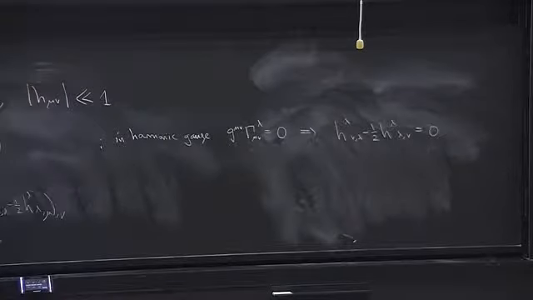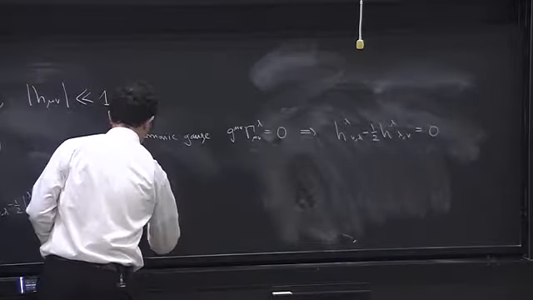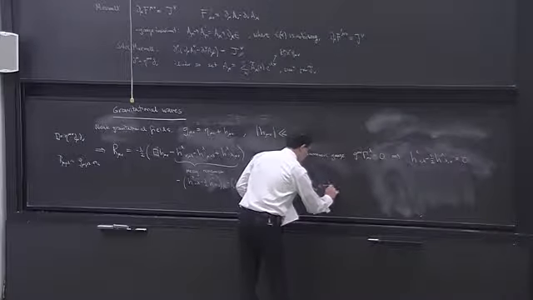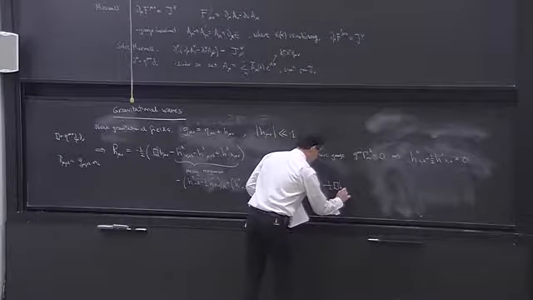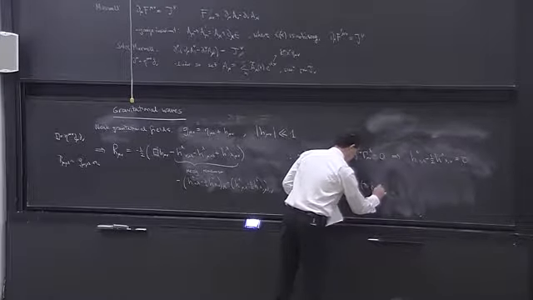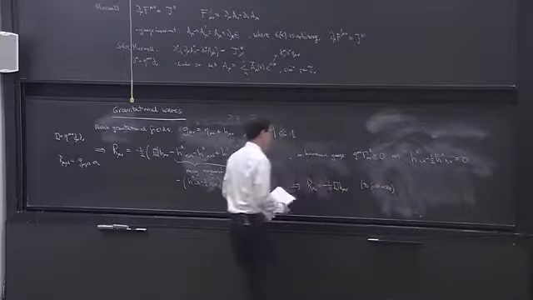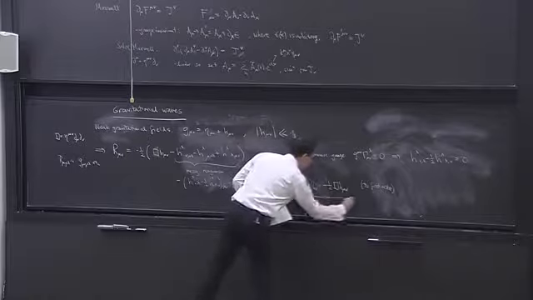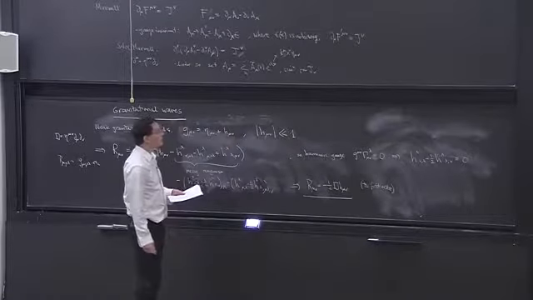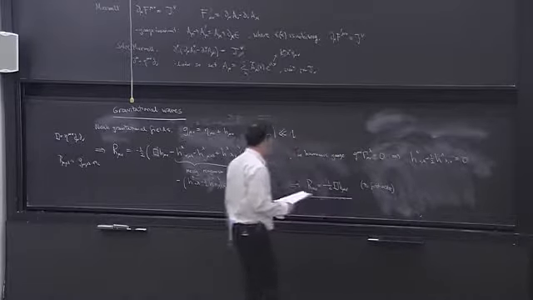So in harmonic gauge, these extra terms both vanish. Okay, and so R_{μν} is −1/2 box h_{μν} to first order in harmonic gauge. So that's a nice result, and it's a good reason to use harmonic gauge to study gravitational radiation.